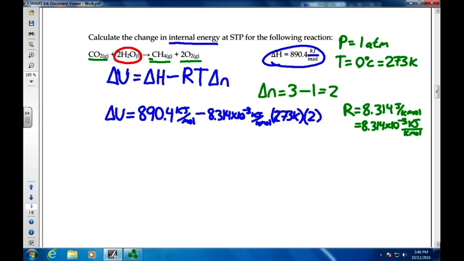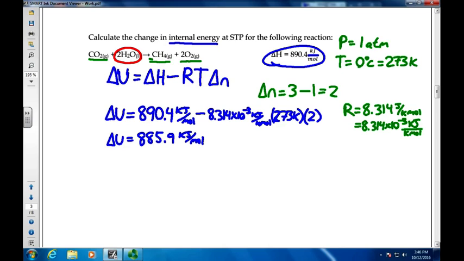When you do the arithmetic out, you will find that delta U is 885.9 kilojoules per mole. And that's the answer that we want.